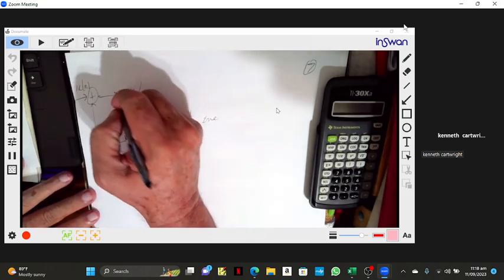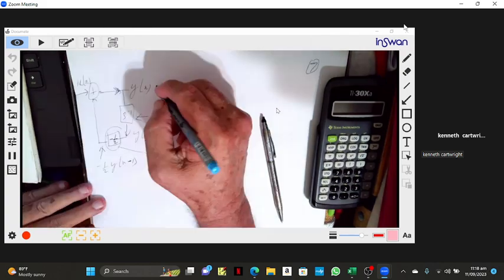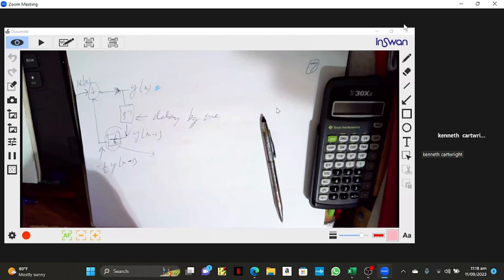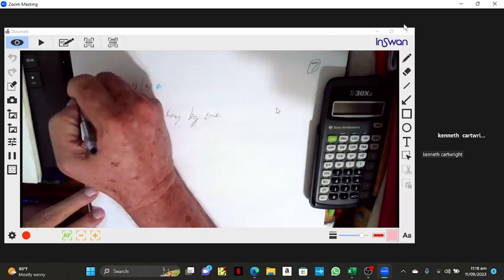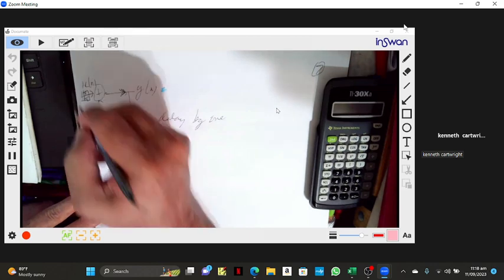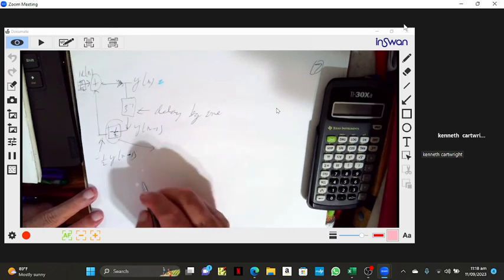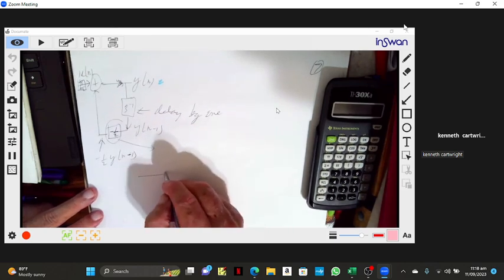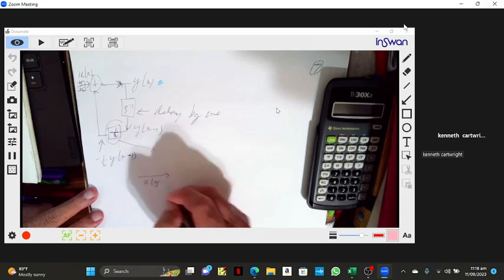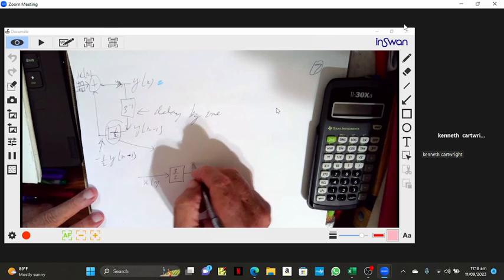First of all, do you agree that this is saying y of n equals 3/2 x of n, sorry, I need a gain here of 3/2. Let me redraw that so it won't be so flooded. Here's x of n. Here's 3/2 x of n.